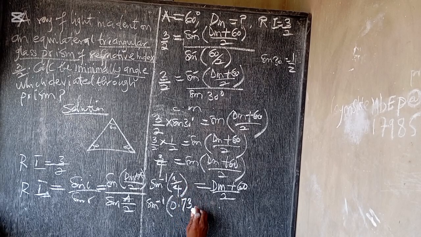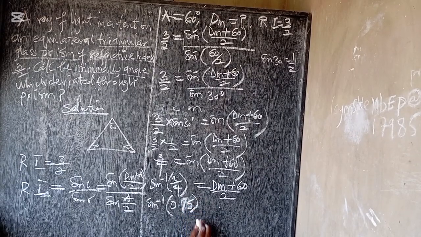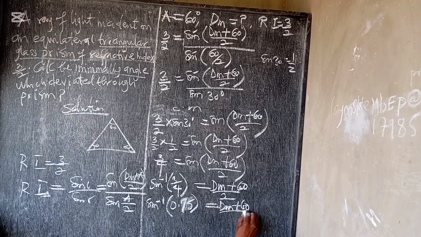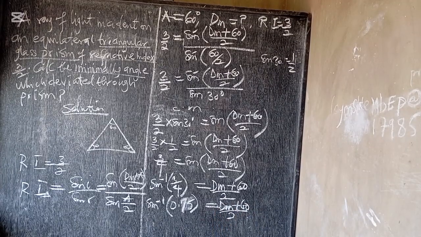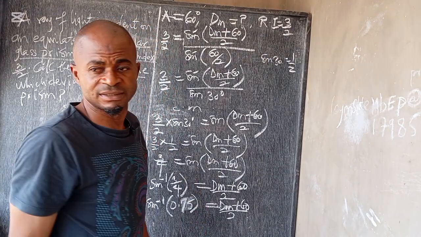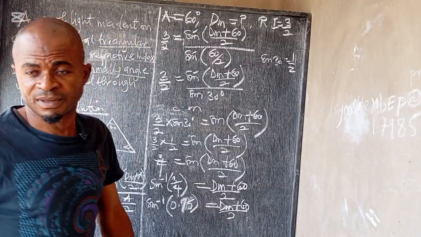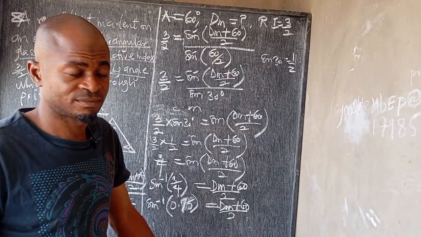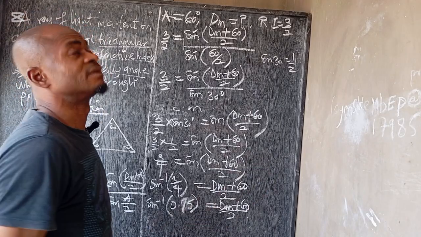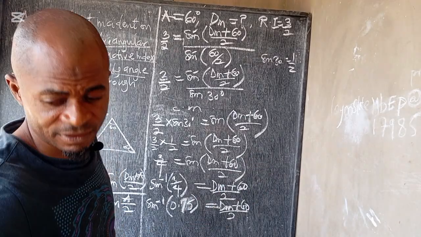How many 4s are there? That is 7. 4 times 7 is 28. That is 0.75. It is equal to (Dm plus 60) all over 2. Then arc sine of 0.75 will give us something. Let me use the calculator. That is arc sine 0.75, around 40 something.